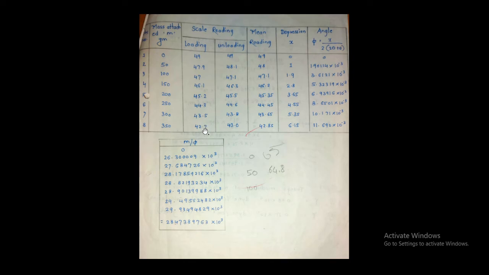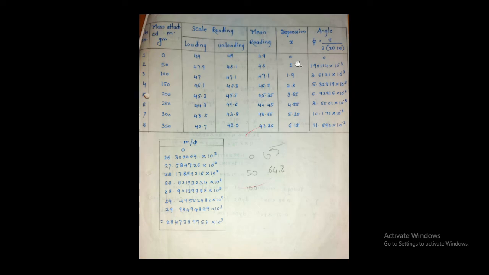This column is completed. While performing the unloading, the reading for the last weight is kept as it is. Then we remove one load, take the reading, again remove one load, and so on up to 0. These two readings, loading and unloading, are nearly equal, and therefore we take their mean. Now we have to calculate the depression x.